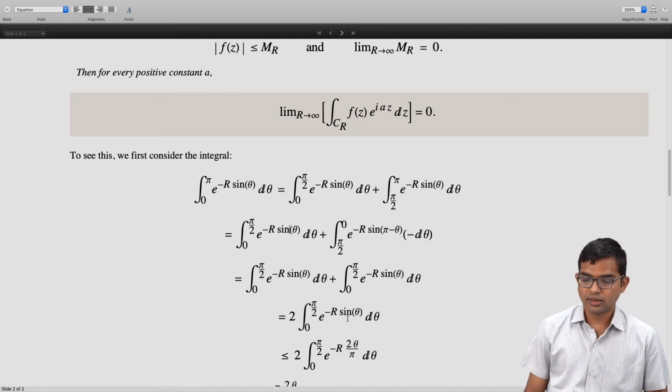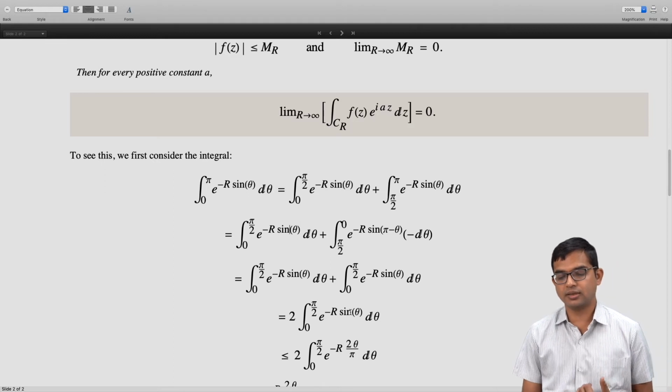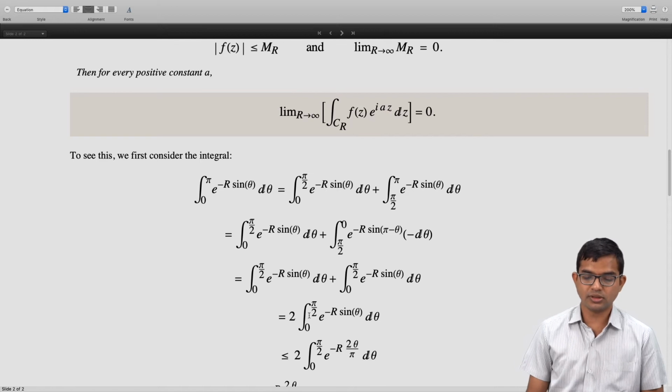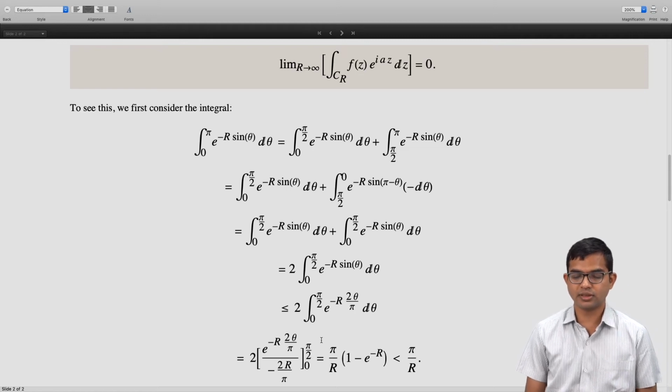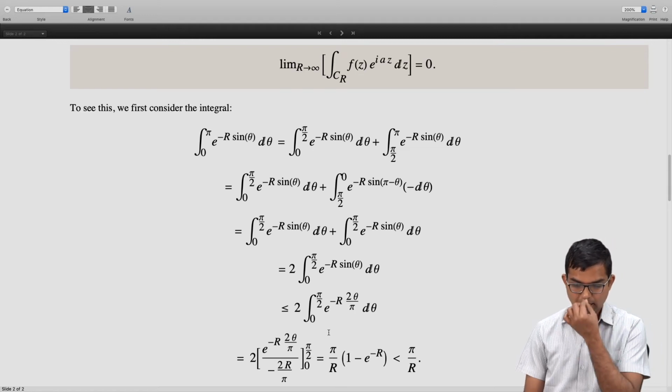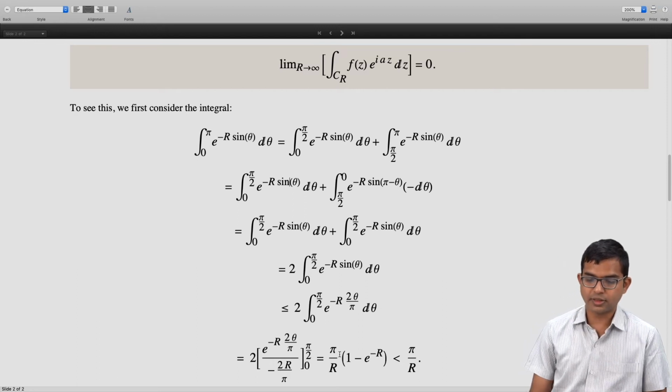So therefore, since sine theta is greater than or equal to 2 theta by pi in this entire regime, this integral is going to be less than or equal to 2 times the integral from 0 to pi by 2 of e to the minus r 2 theta by pi d theta. But this integral is something you can work out explicitly, and we immediately have the result that this integral is equal to pi by r times 1 minus e to the minus r.